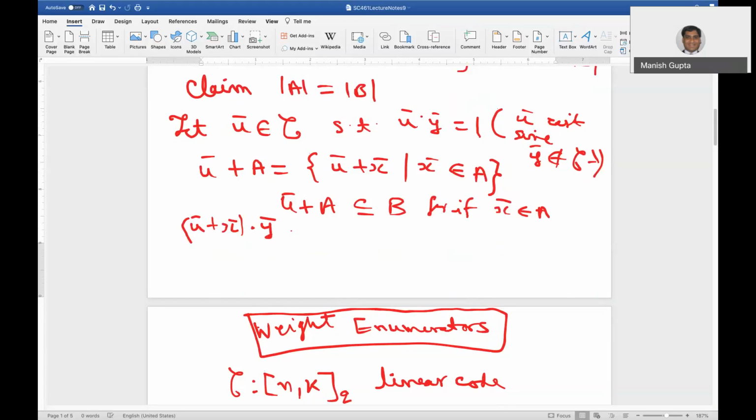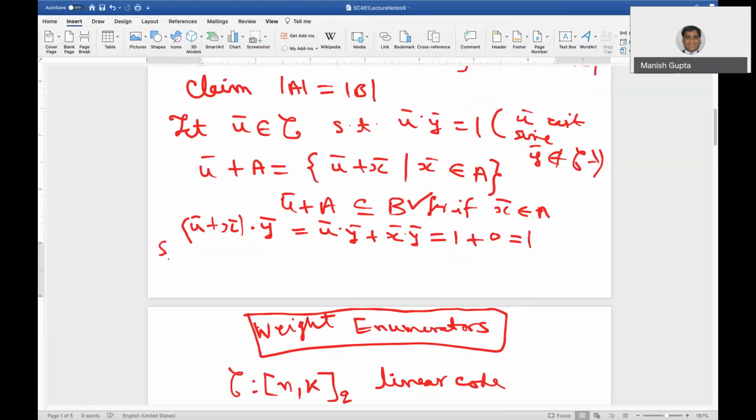This turns out to be U dot Y plus X dot Y, right? Now U dot Y is 1 and X dot Y is 0, so this thing is 1. So U plus X belongs to B. Therefore, U plus A is a subset of B.